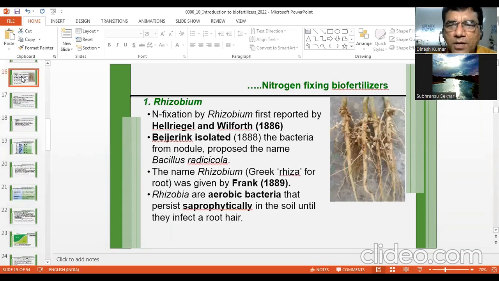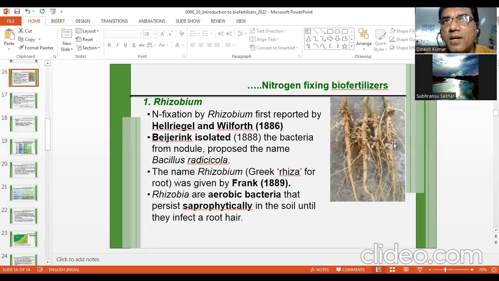Now we continue for 2-3 slides on Rhizobium, and on the right side you can see nodules on the roots of Sesbania, Necha. In Sesbania you have two species. One is Sesbania rostrata, the other is Sesbania aculeata.